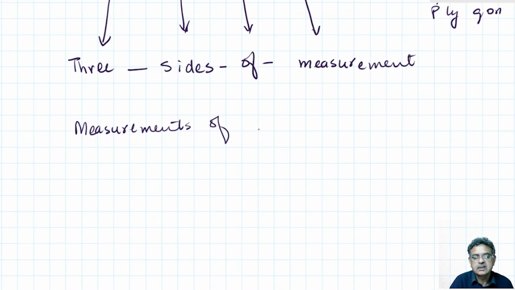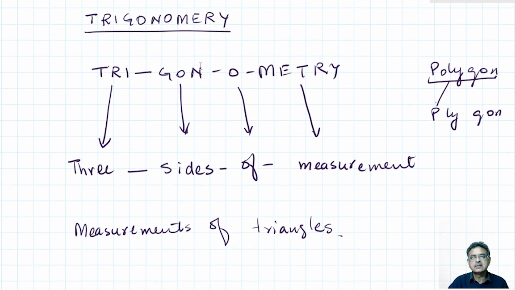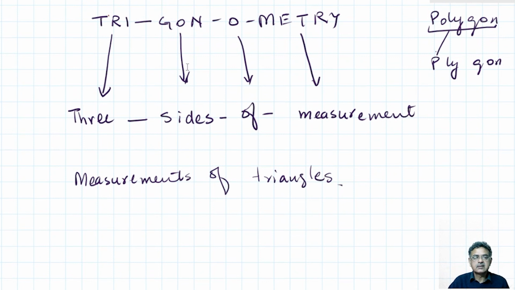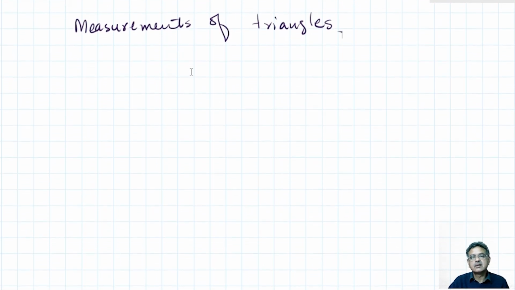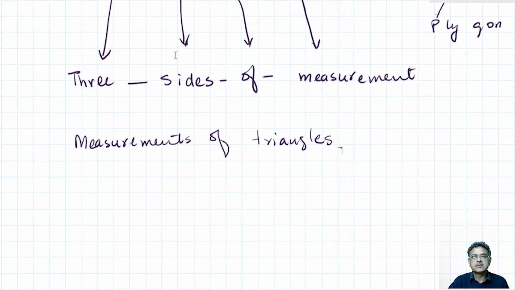What are three-sided figures called? Triangles. So measurements of triangles. That is trigonometry. So trigonometry means measurement of triangles. That is the simple meaning of this word.